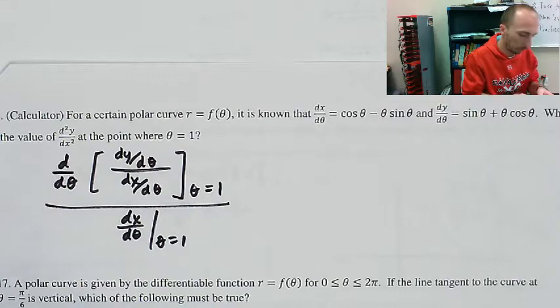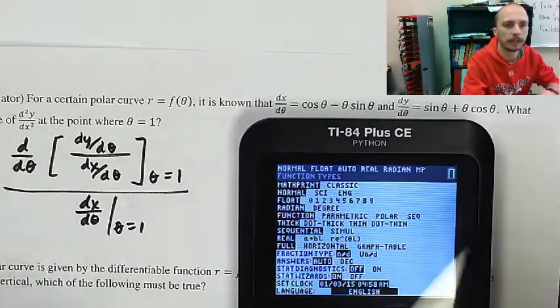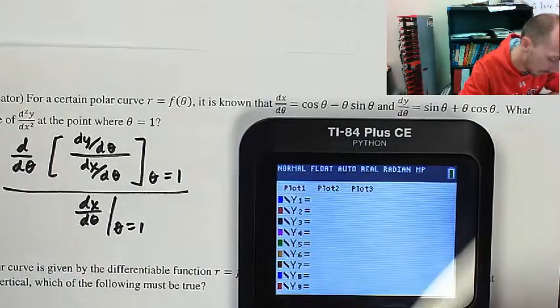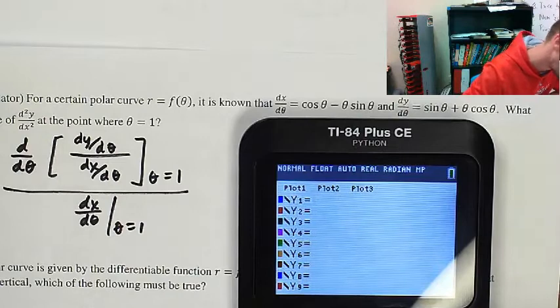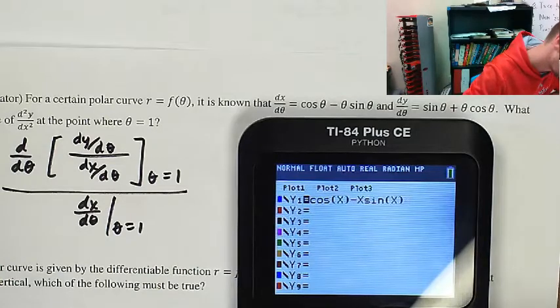We're going to switch the mode out of polar mode and into function mode. I'm going to put dx d theta as cosine theta minus theta sine theta, and dy d theta is 1 sine theta plus theta cosine theta.